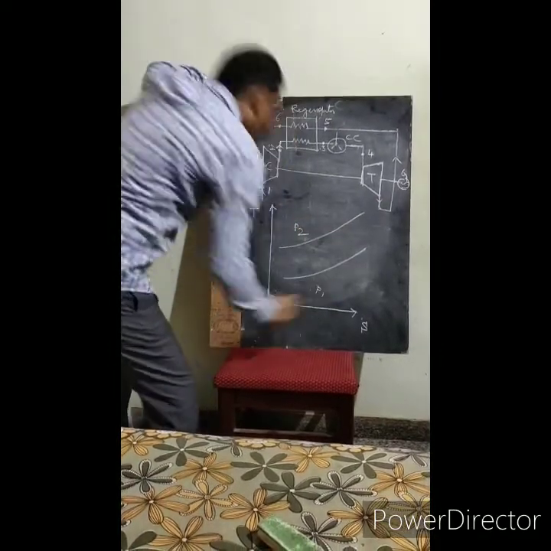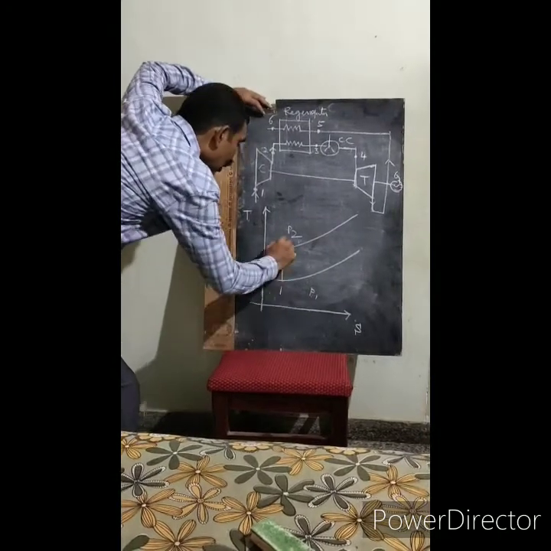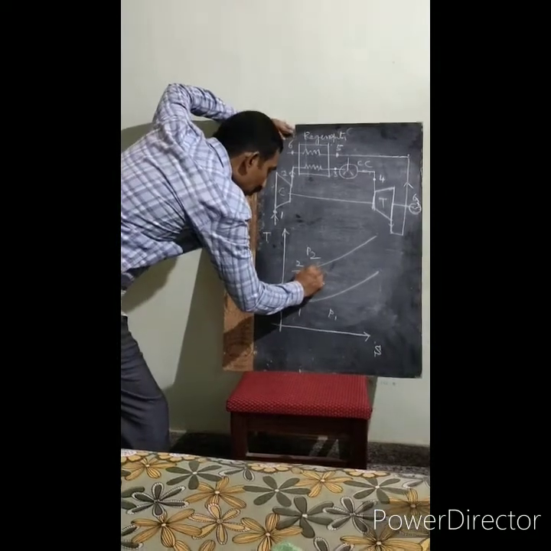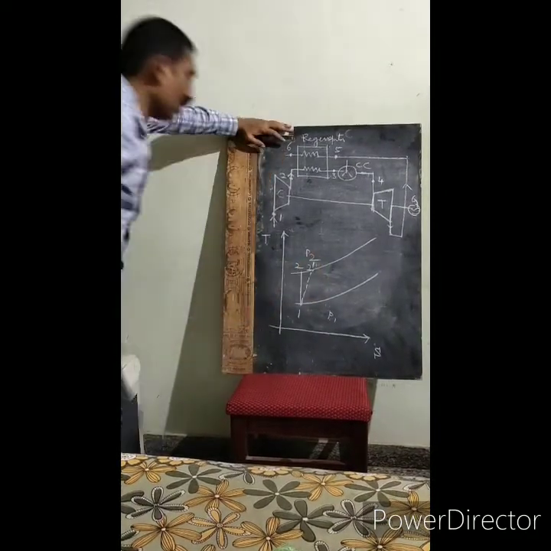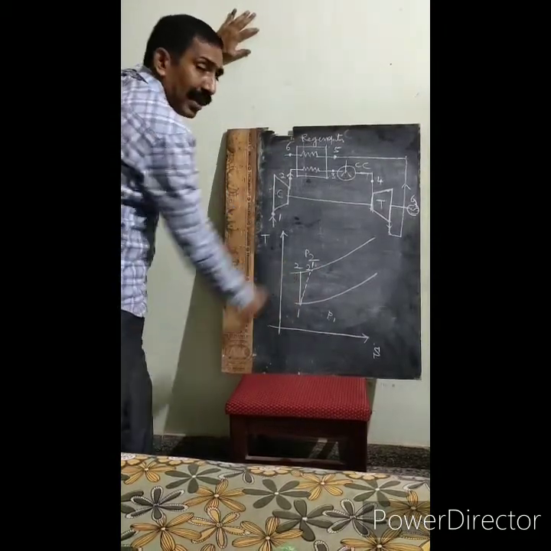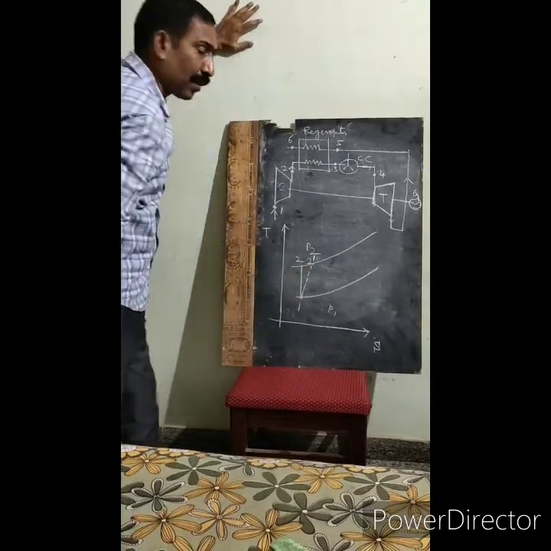So this is 1 and this is 2. Actually, 2 is less than 2 dash, as I already explained. So 1-2 indicates adiabatic compression, and 1-2 dash indicates actual compression.